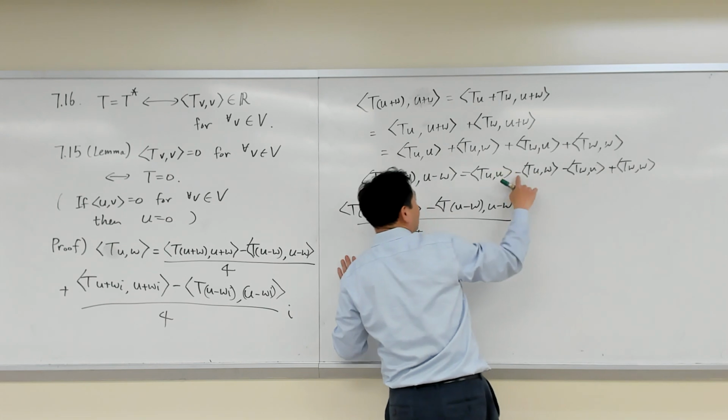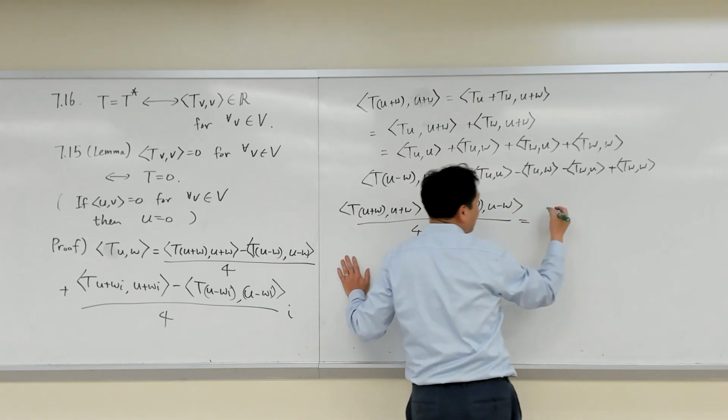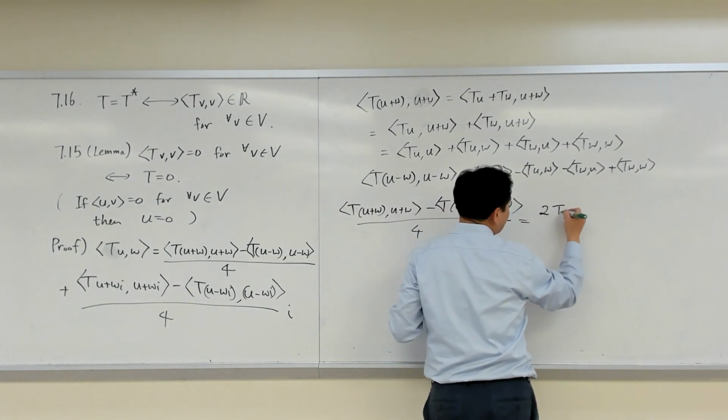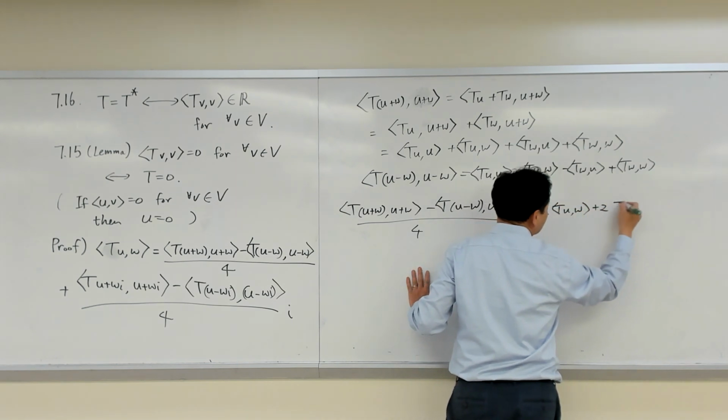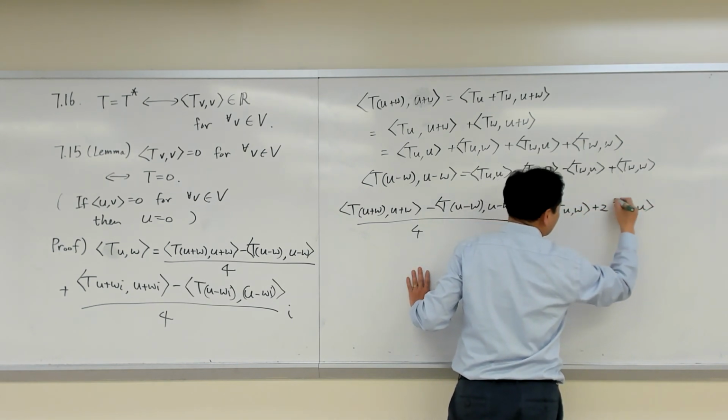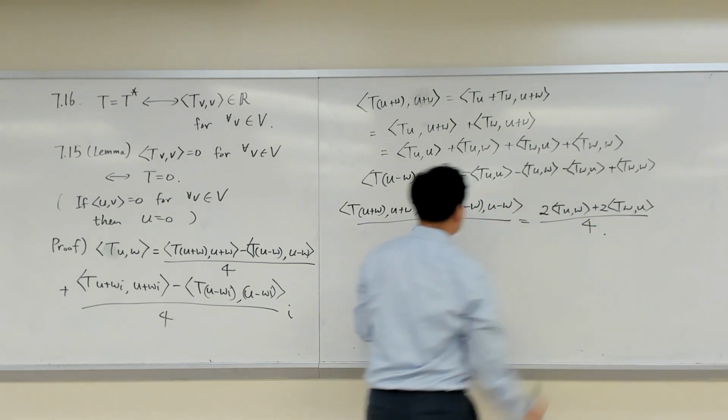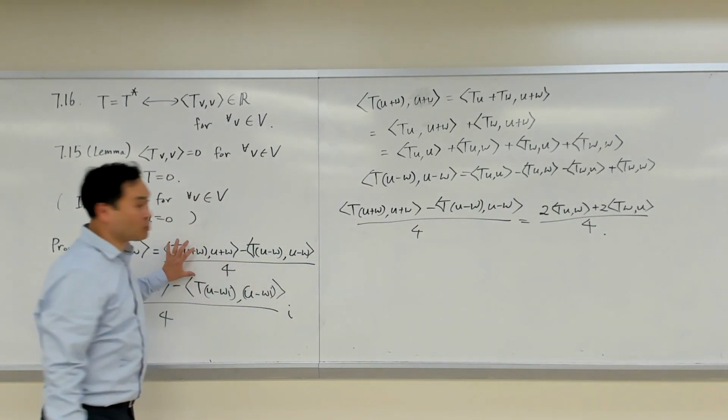Because you're subtracting a minus and these are the same. You have 2<Tu, w> plus 2<Tw, u> over 4. Okay, so that part is what this gives you.